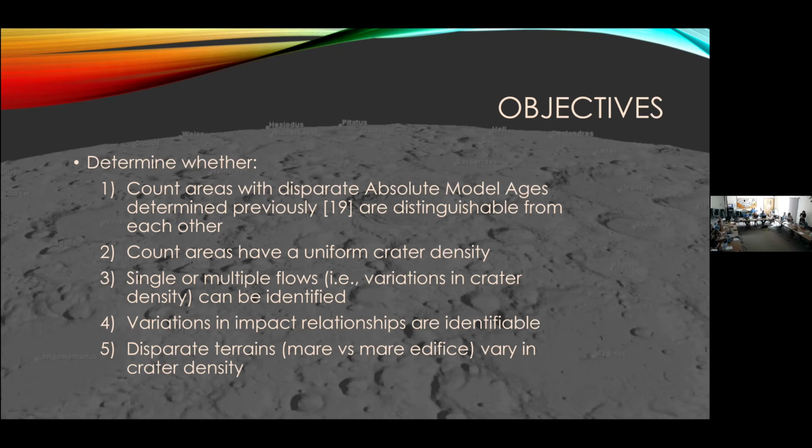Identify single or multiple lava flows via variations in crater density. And then lastly, we'll look at variations in impact relationships and craters on disparate terrains, which is basically the Mare surface versus a Mare edifice.